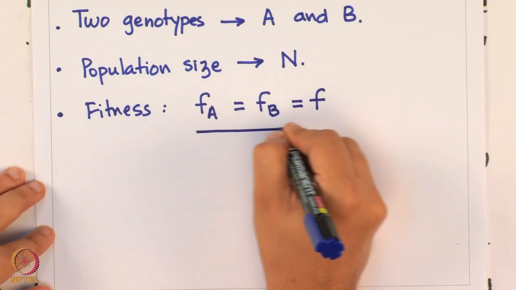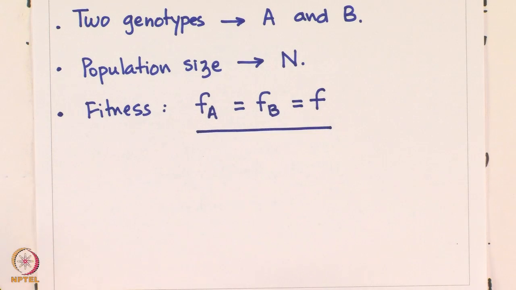To start off with, we'll discuss a case where there is no selection advantage that one genotype has over the other. If we draw the parallel with the marbles in a jar game from the previous lecture, saying that the fitness of genotype A is equal to the fitness of genotype B is equivalent to going into that jar and drawing a marble out, where the probability of drawing a red marble was equal to that of drawing a blue marble.